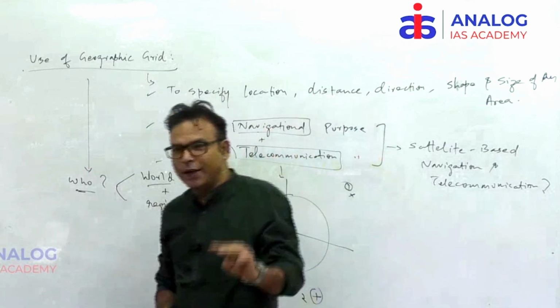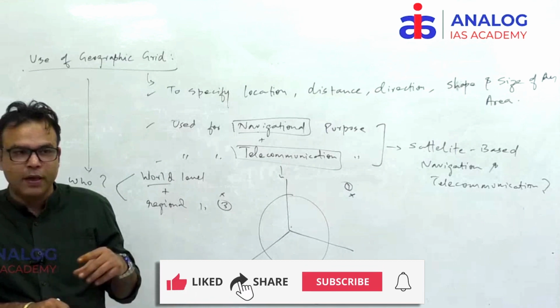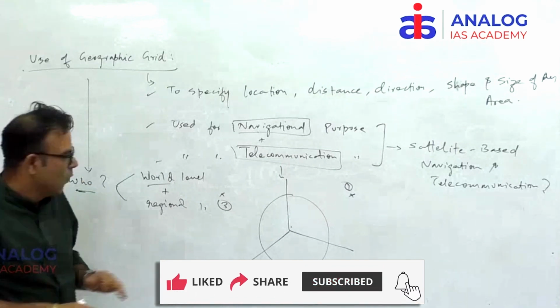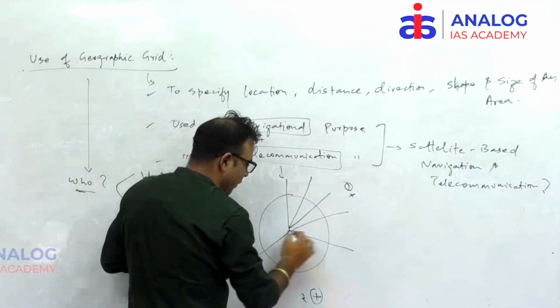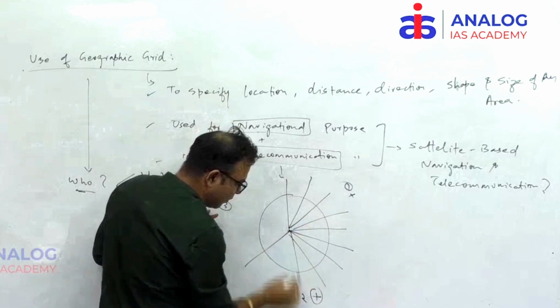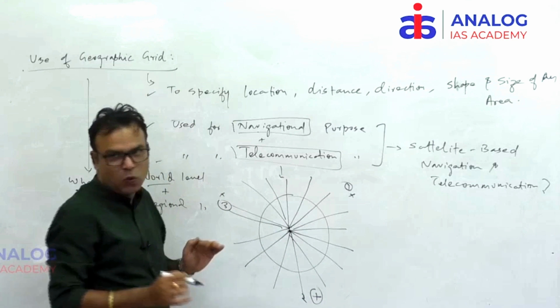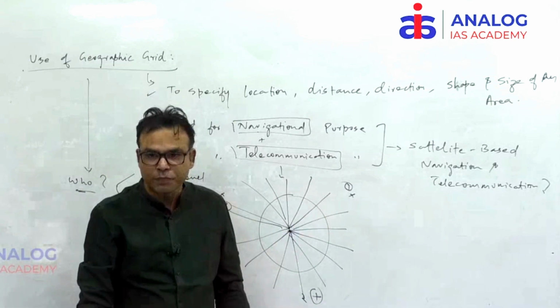But the problem in telecommunication is we need real time communication without a time lag, without a loss of time. For that, one satellite has to be kept on one time zone. You try to understand that. So to have real time communication, the number of satellites gets what? Increased.